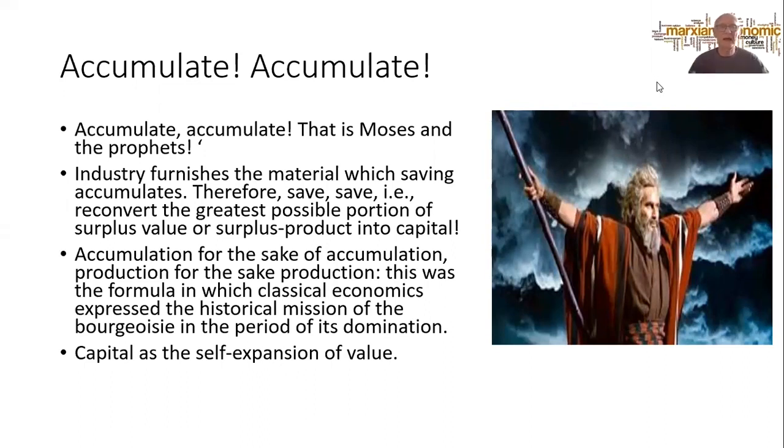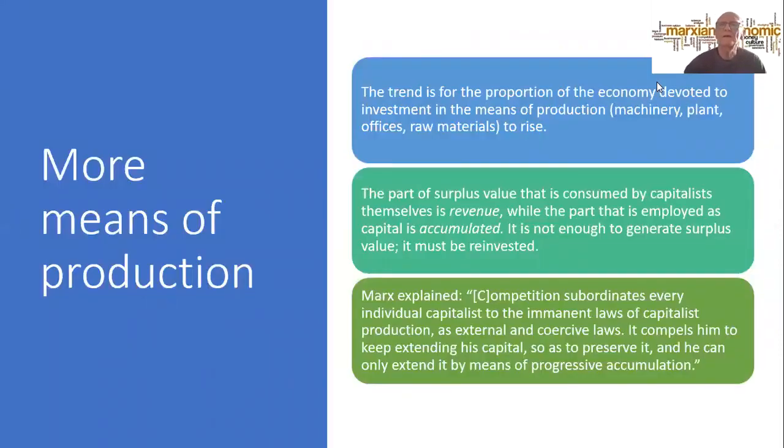So that's how capitalism is continually expanding the value, a self-expansion of value, and how capital is the dominant process in which this is involved. So under the law of accumulation, the trend is for the proportion of the economy devoted to investment in means of production, machinery, plant, raw materials, to rise over a period of time, because that's the only way capitalists can compete against each other and expand value.